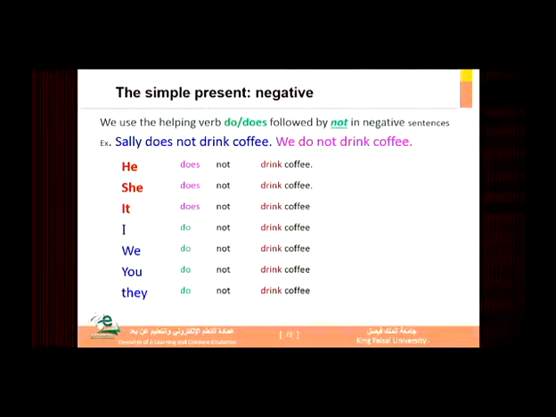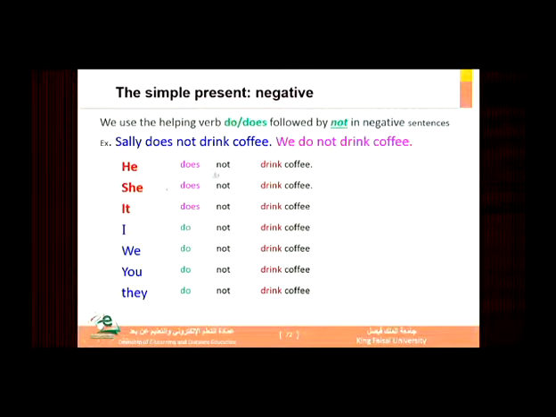You use do if the subject is I, we, they, you. In other words, you use does when you have your subject he, she, it, when it is a third person singular pronoun. This is an example showing all those cases.